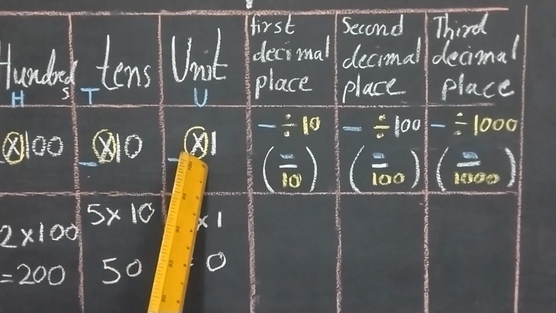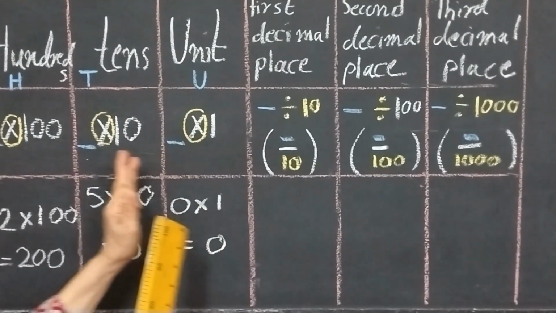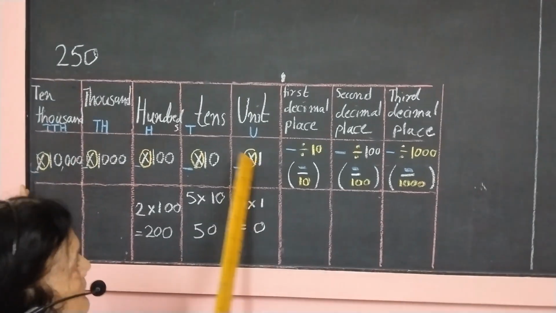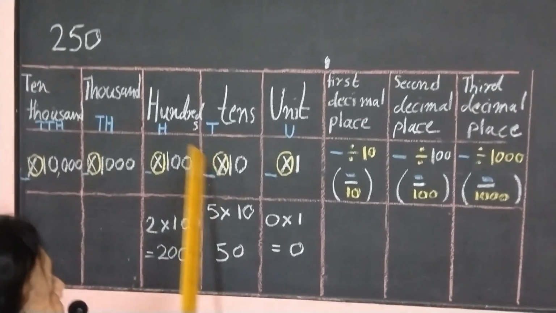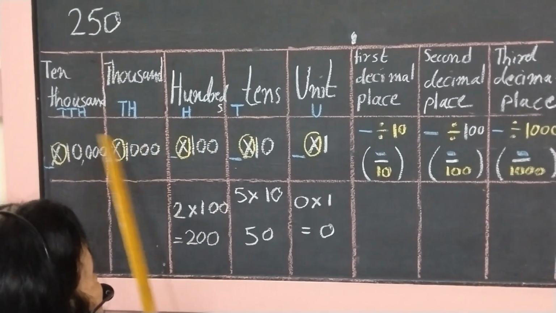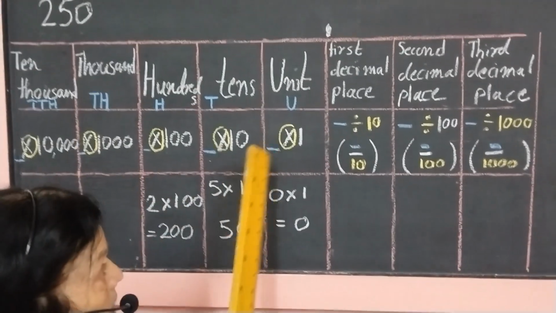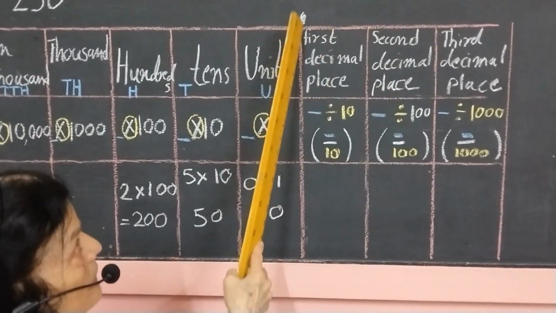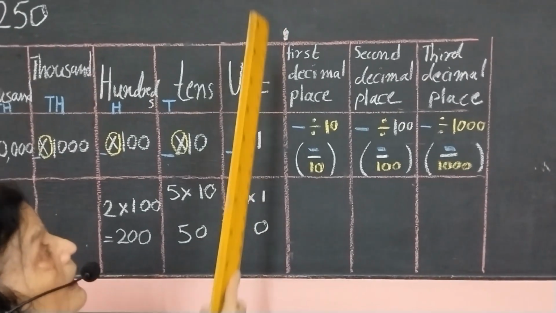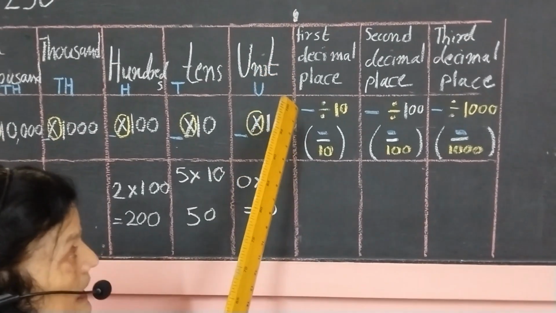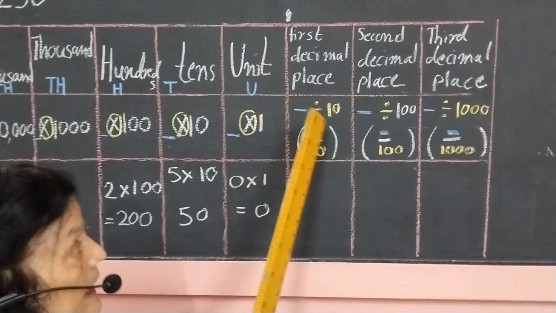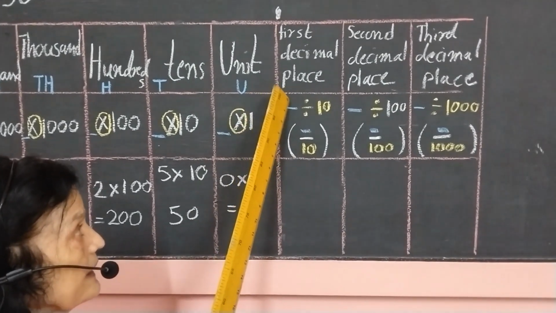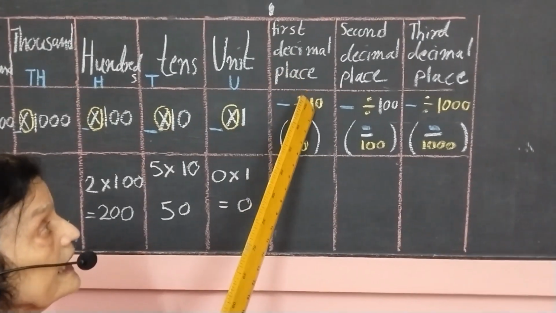Unit means single. So on this side, the place value goes on increasing: 1, then 10, 100, 1000, 10,000. So it is multiplication. But on the other side of the decimal point, the place value will go on decreasing, because now we have to divide the given number by 10.